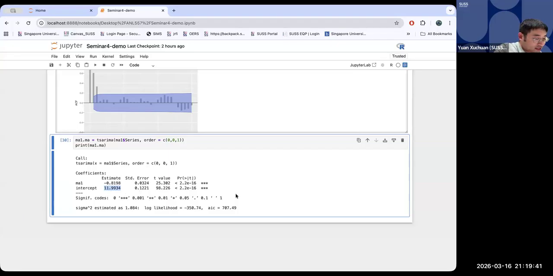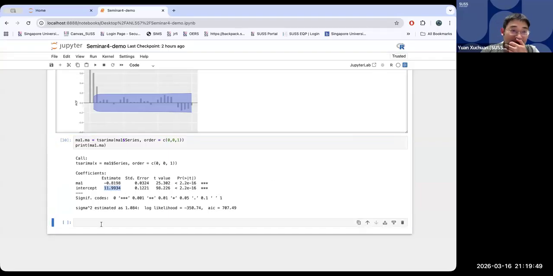And here, so let's look at, once you fit the model, you will have residuals, right? Residuals. So let's look at the residuals. Okay, we use the explore function on this MA1 model's residuals.